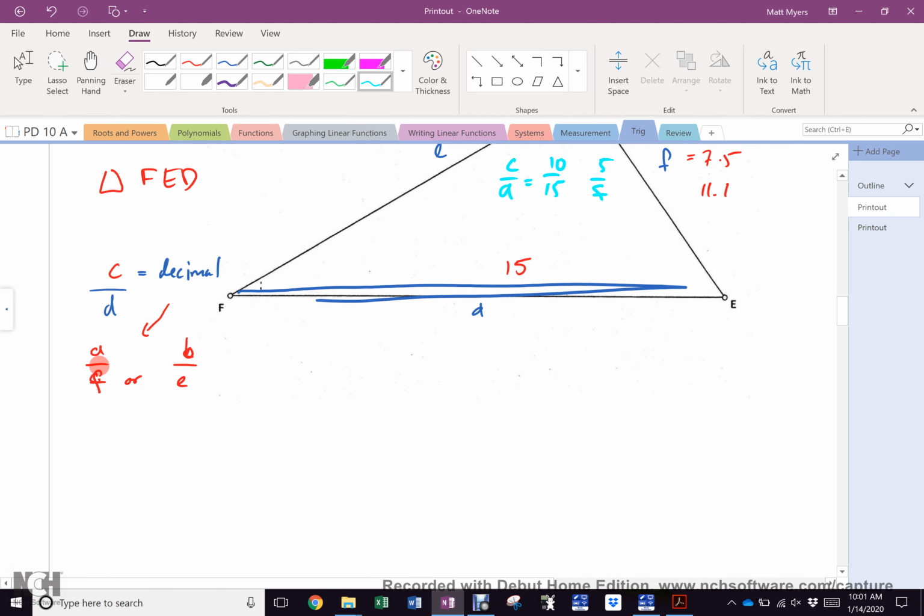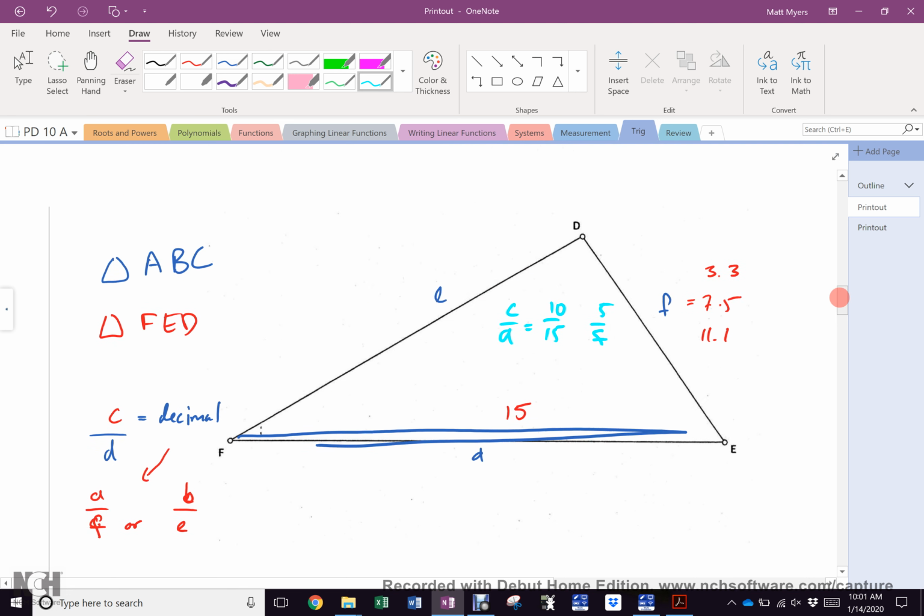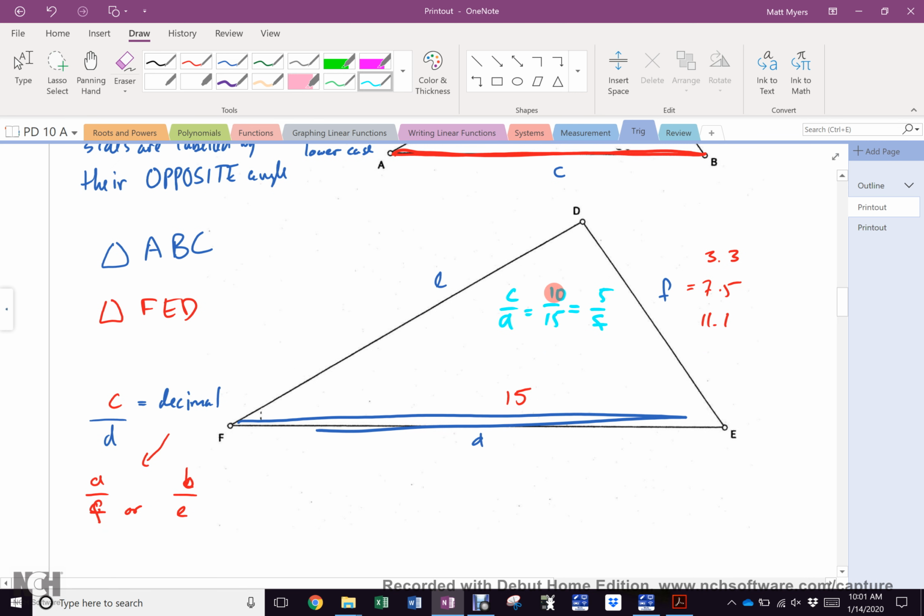It's the same. Right. Equals. How do you solve that? Cross multiply. 5 times 15 is 75, divided by 10 is 7.5. Nice job, Connor.